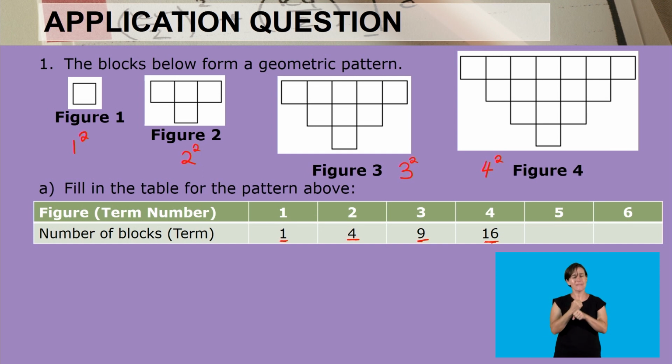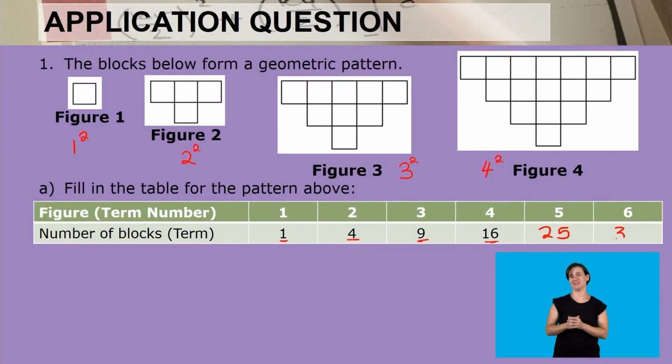So that will make it easier for us to find the number of blocks in that fifth and sixth figure. What is it in the fifth figure? Yes, it is going to be 5 squared, which of course is 25. And what about the sixth figure? That is going to be 36, and that 36 comes from 6 squared.